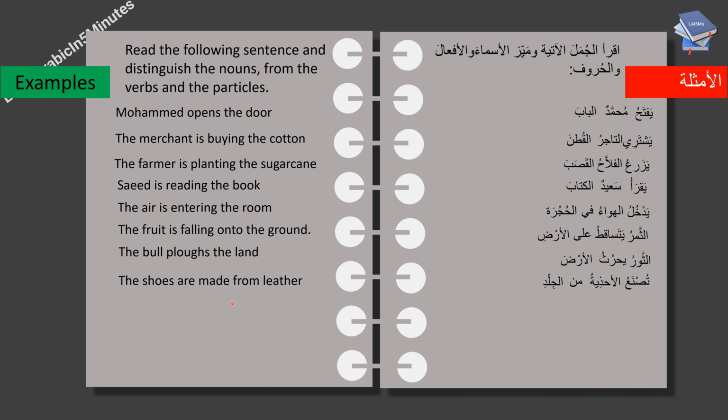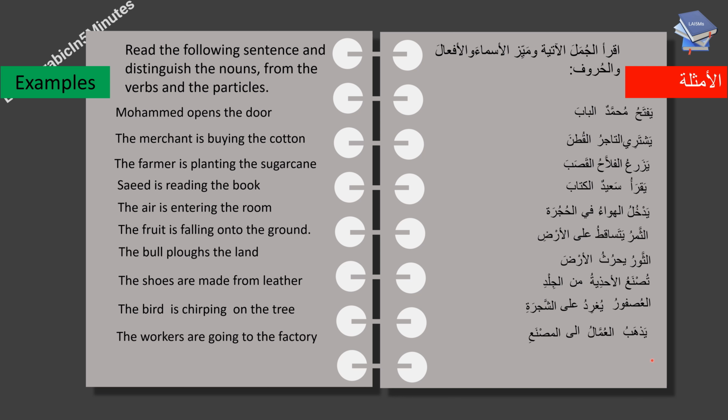The shoes are made from leather. العصفور يغرد على الشجرة. The bird is chirping on the tree. يذهب العمال إلى المصنع. The workers are going to the factory.